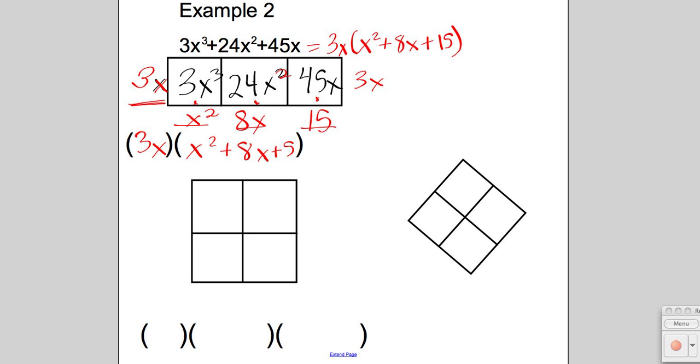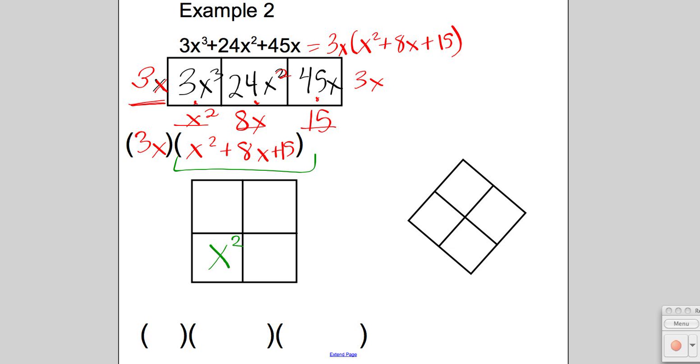Then we use everything you've already been doing with factoring, and we factor the inside of the large parentheses further. So we're now going to factor this x squared plus 8x plus 15 expression a little bit further, doing everything you know. So again, we forget about the 3x, and we focus on the two parts on the outside. I'm sorry, I wrote something wrong here, didn't I?